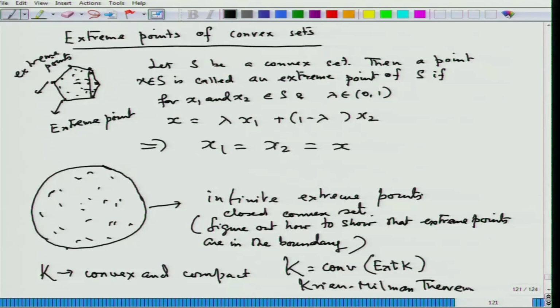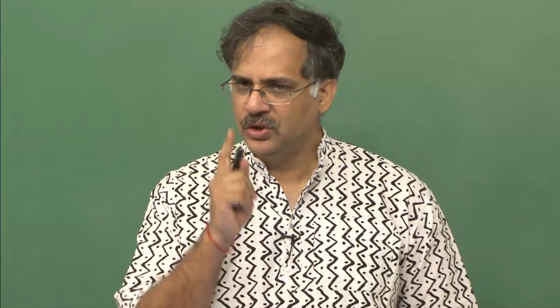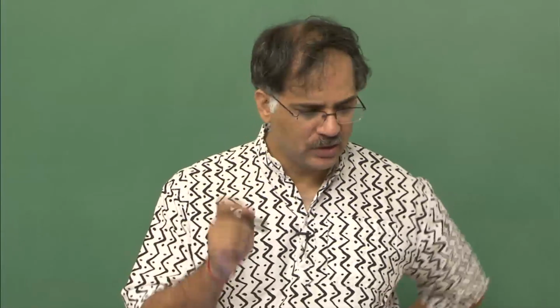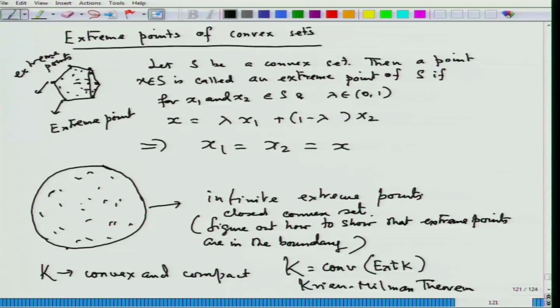So, what we essentially want to show is that if you give me a minimizer of a linear programming problem, I will show that that minimizer corresponds to an extreme point on the feasible set.